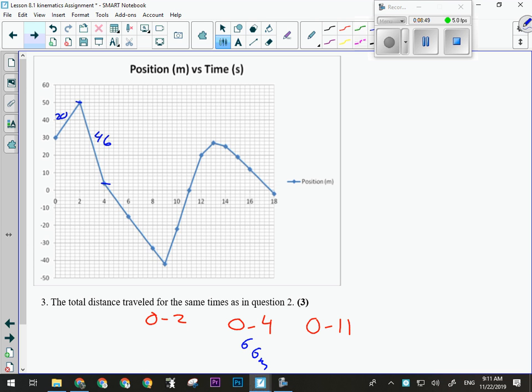From 4 to negative 42, so that should be 46 in there, and then to 11 seconds, another 42 meters. So 88 and 46, 134, and 64. I think that's what it is. 164 meters.